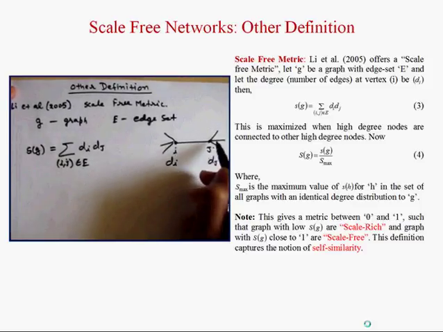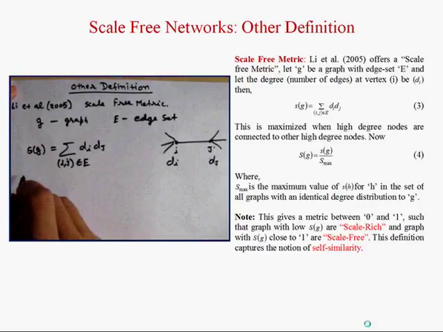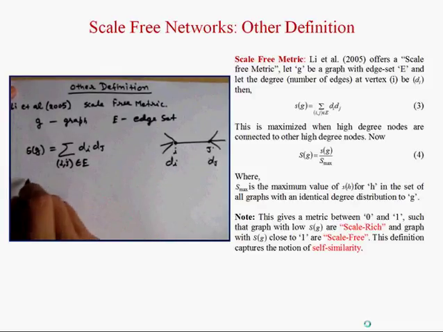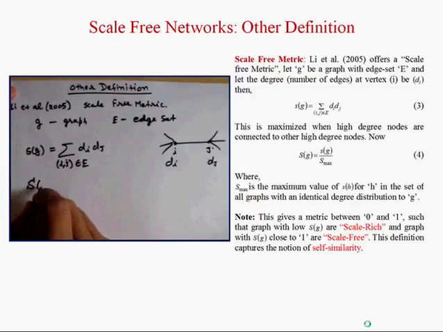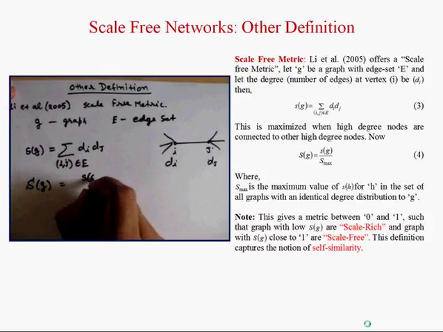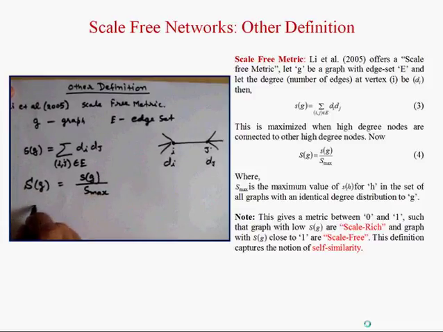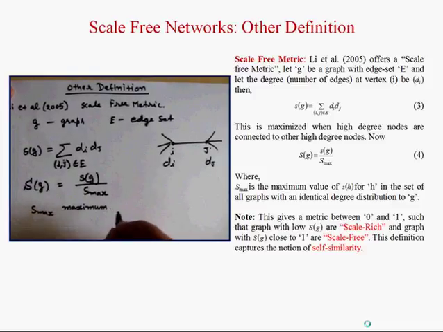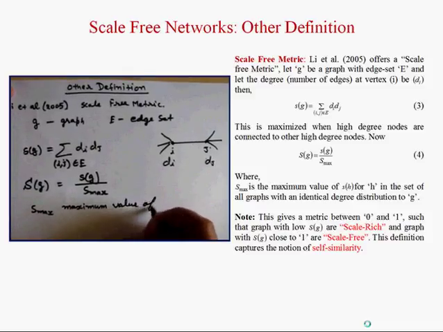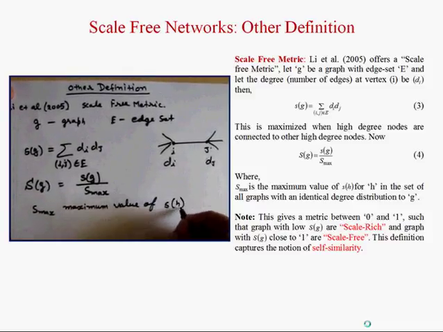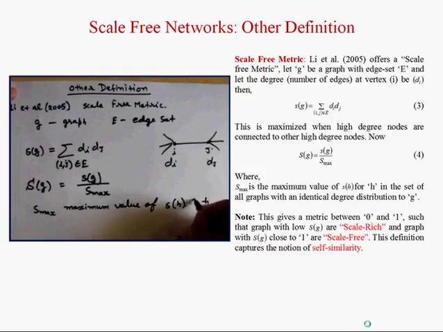Now, to normalize this factor, we will use S max, where S max is the maximum value of SH for H in the set of all graphs with identical degree distribution to G.